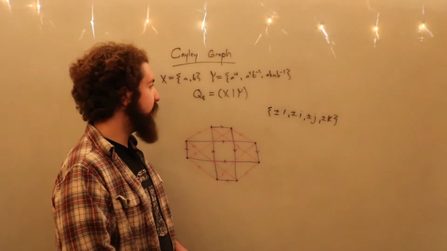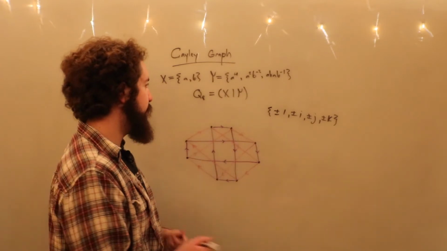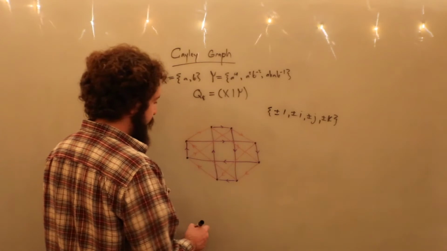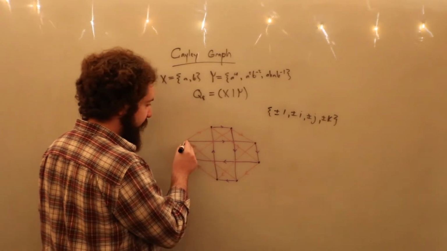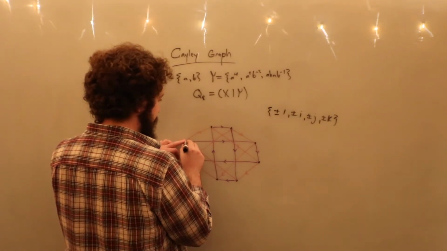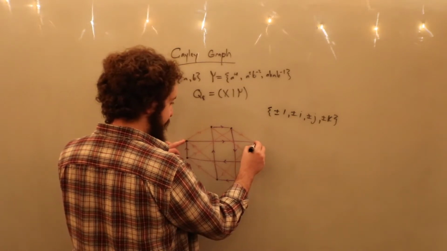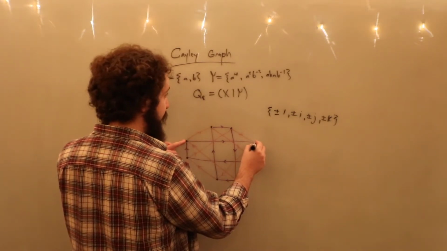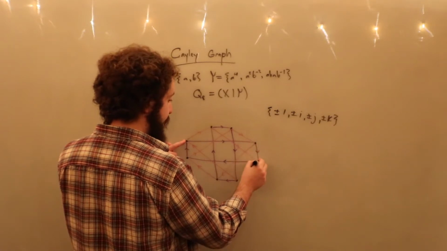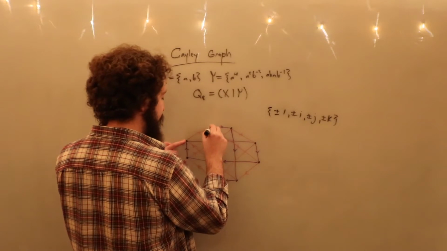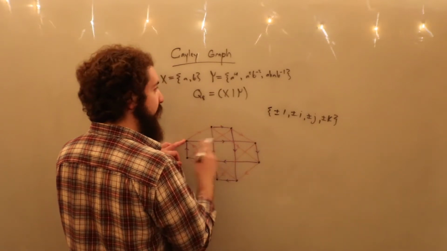Alright, what about this second relation? A squared b inverse squared. Well, if we start here and we take a, which I'm calling purple, I believe. So if I take a and then I take a again, and then I take b inverse and b inverse again, where do we end up?